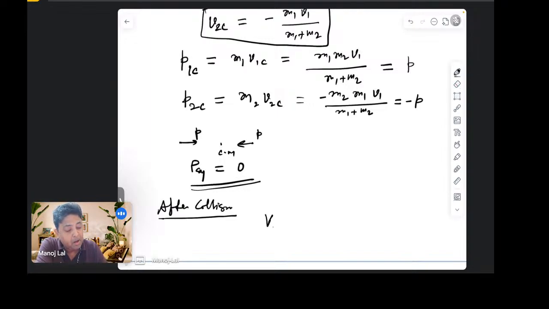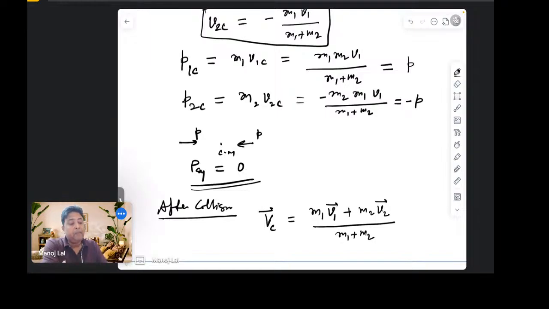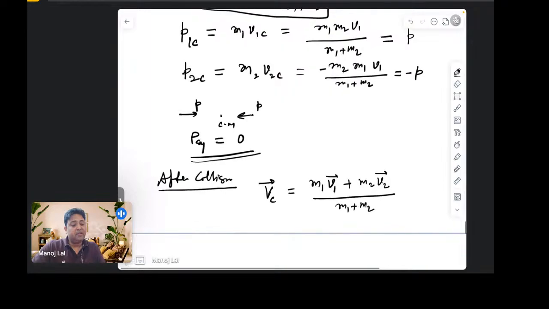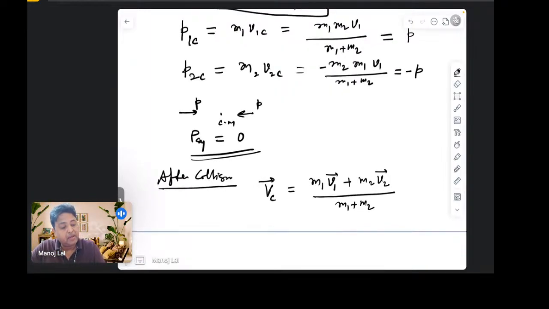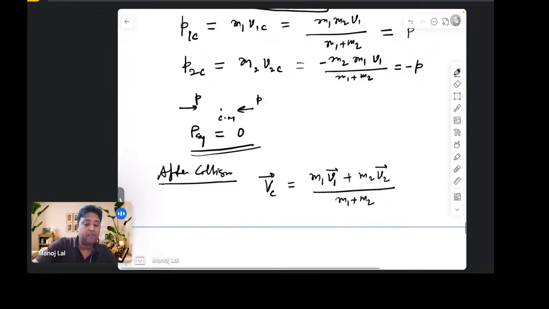The velocity of center of mass will be m1 v1 dash plus m2 v2 dash by (m1 plus m2), writing them as vectors, because the directions are different.